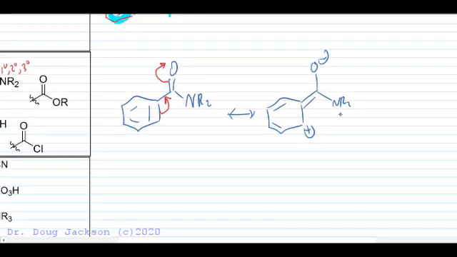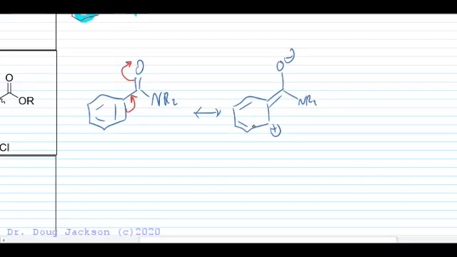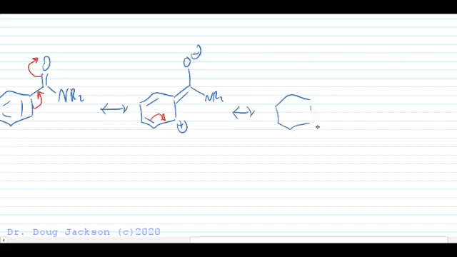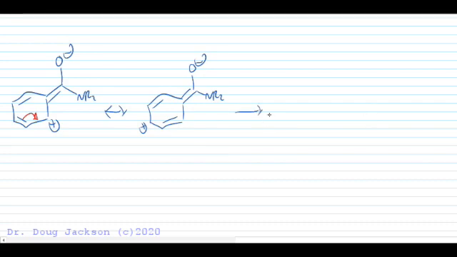And so now, as we resonate, all those positions before that had negative charge are now getting positive charge. And so we end up deactivating these positions, and now we are officially in our meta directors. So we are now going to direct away from these ortho-para positions that are taking on positive charge.